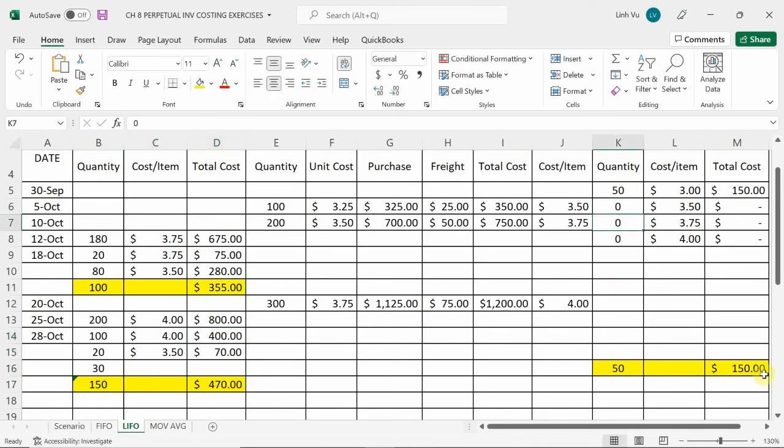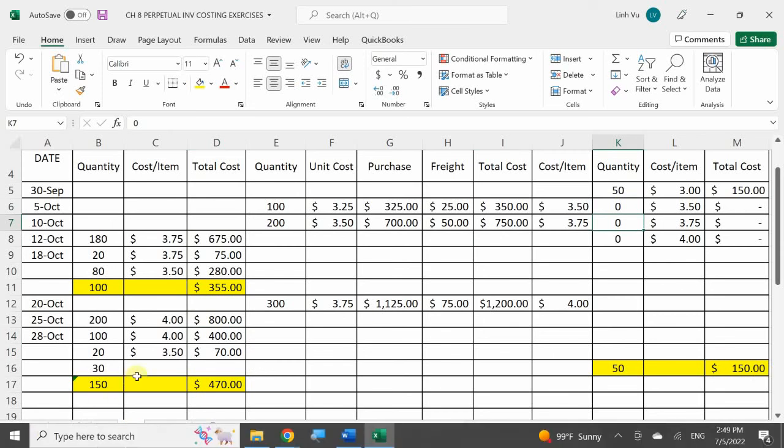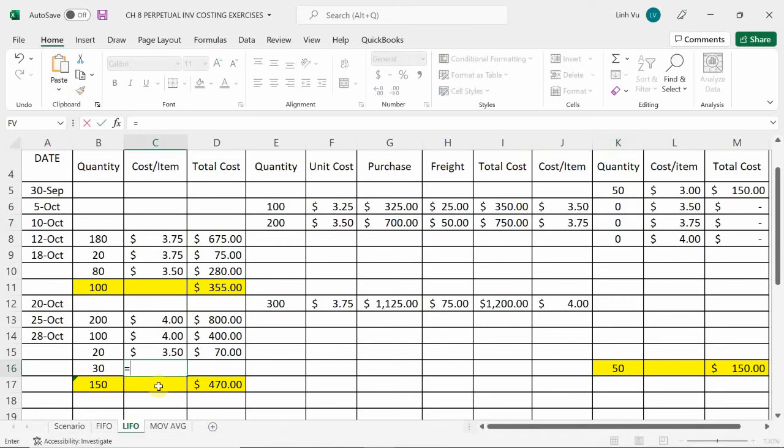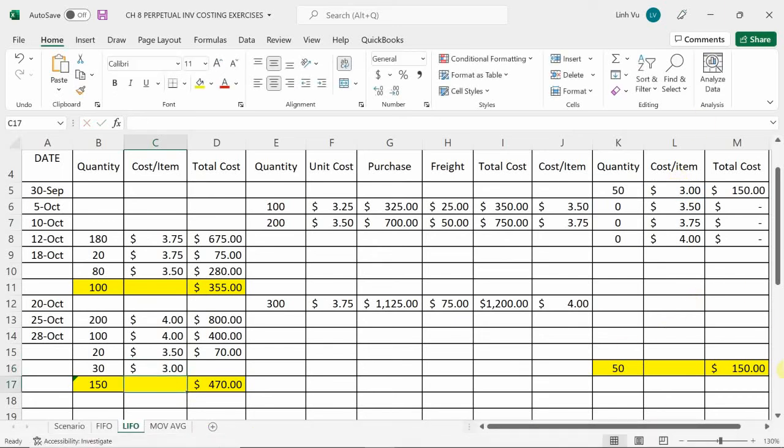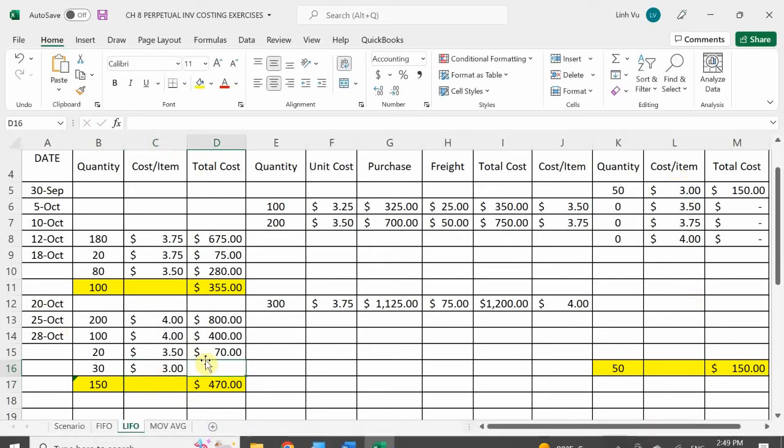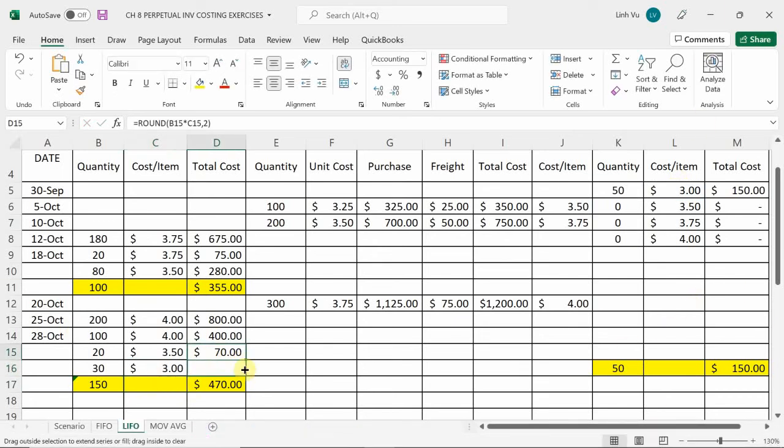Then I dip into my only batch of inventory left, which is at $3 each. So 30 times $3 gives you $90. A grand total for selling all 150 units is $560.